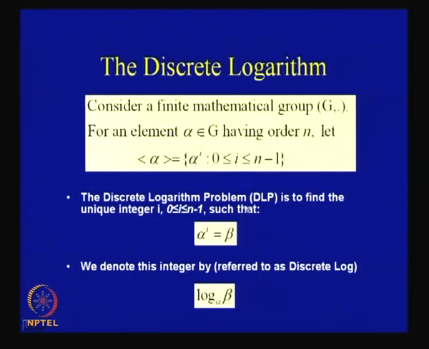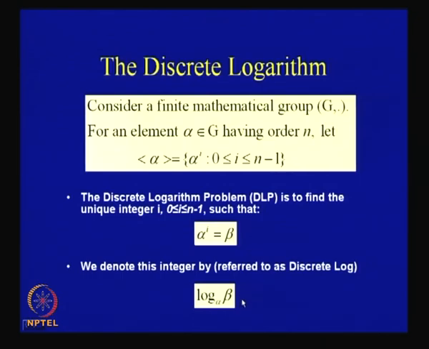Now, as we remember, the problem of discrete logarithm was to find the unique integer i when we are given alpha and beta, where alpha and beta satisfy the relation that alpha power i is equal to beta. So, given alpha and beta, we have to find the value of i. This i is often referred to as log beta base alpha, which is the discrete log.